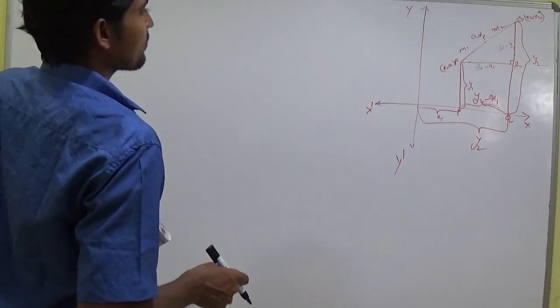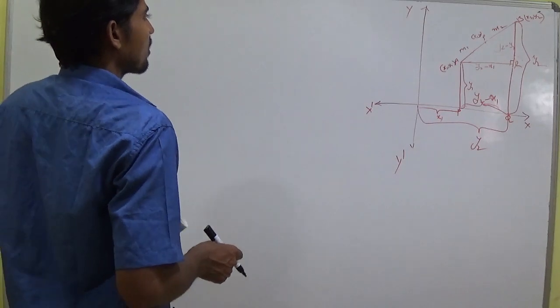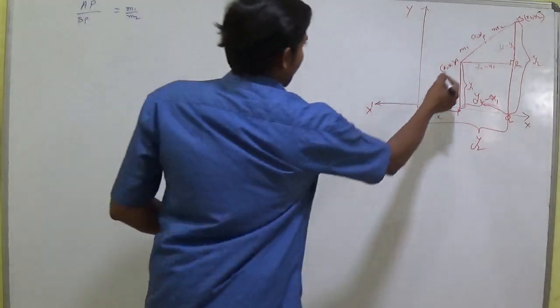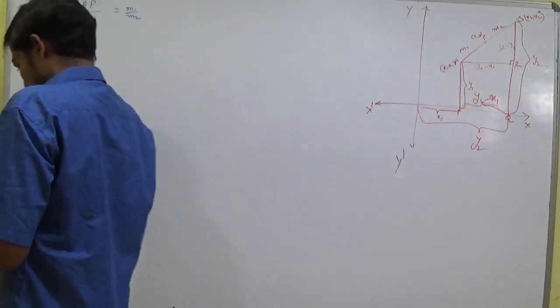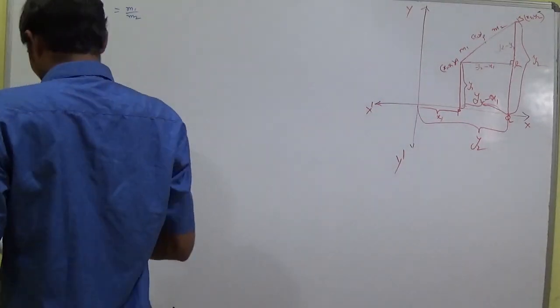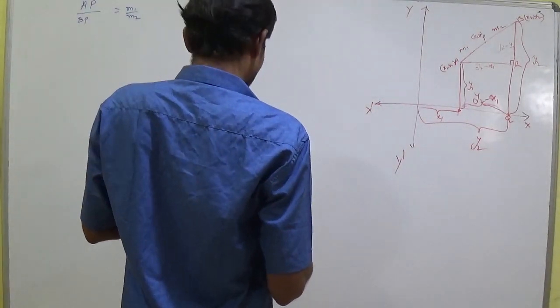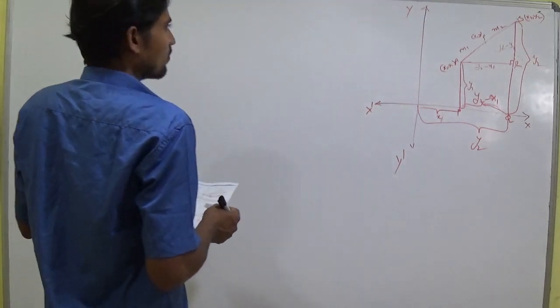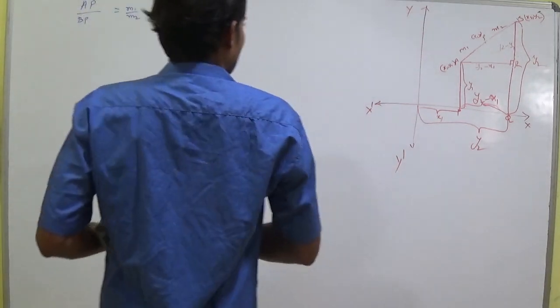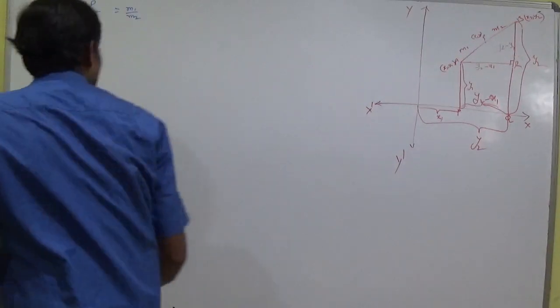Here are the triangles. Drop a perpendicular from P also.